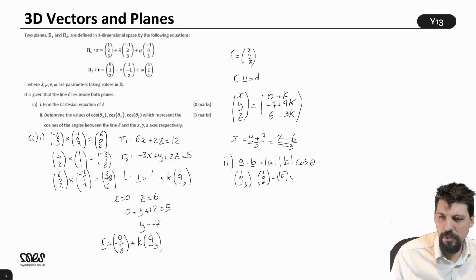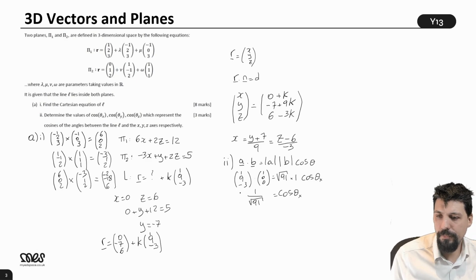The length of (1, 0, 0) is 1, and that will be cos theta x. That tells me that cos theta x is equal to 1 over square root of 91. And we can tidy that up if we want to, which is root 91 over 91.